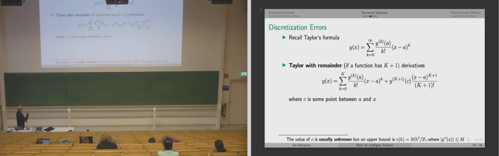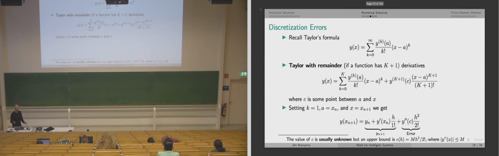So we make an approximation of the function by truncating it at k, considering only the first k derivatives. And then the remainder is whatever is missing in the derivatives that we evaluate. And the true value of the remainder is a function of the next derivative evaluated at some point that we don't know, okay?